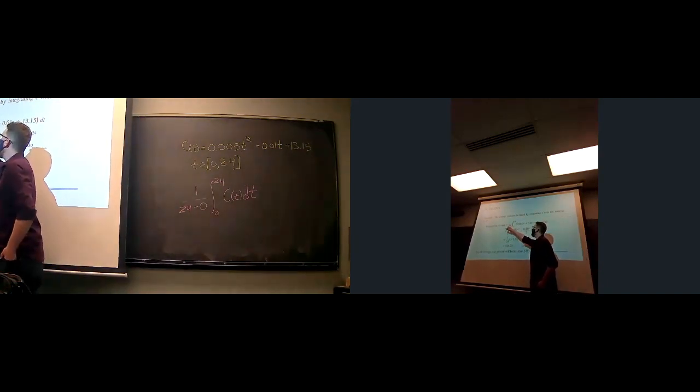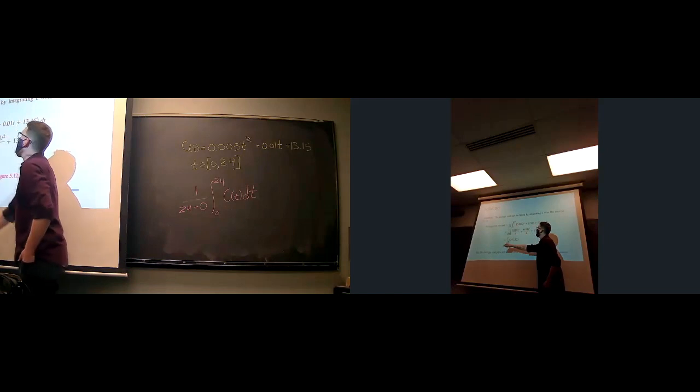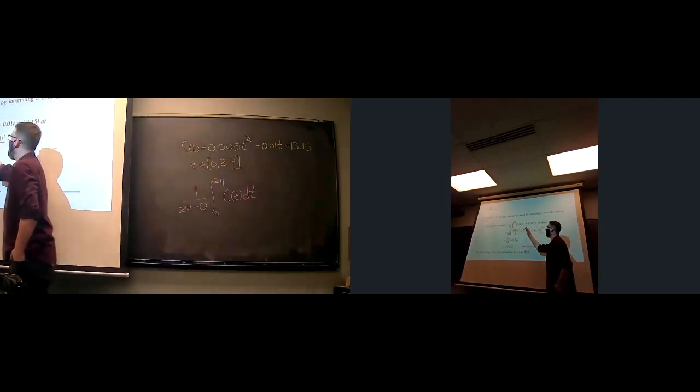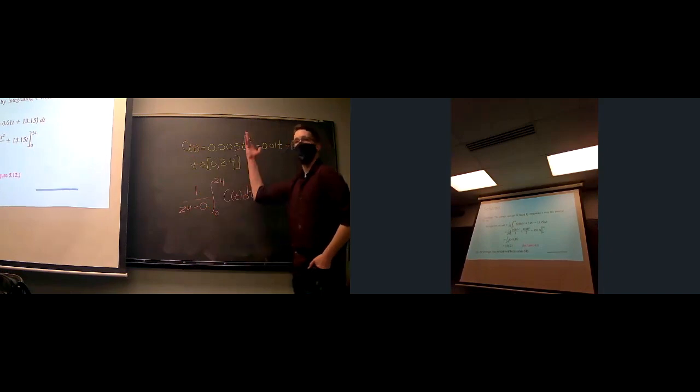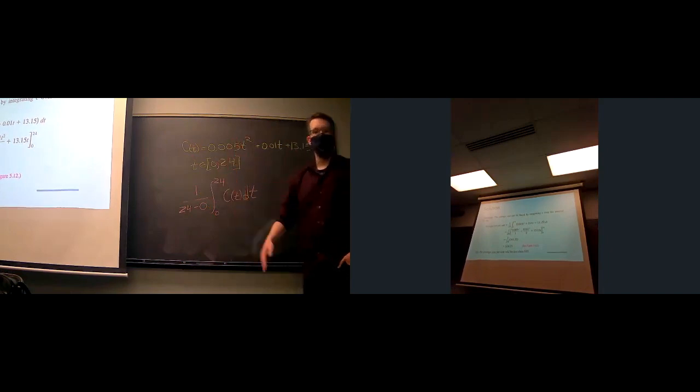Now again, because of room and time constraints, I'm just jumping to this slide and explaining it. What we're going to have is the integral from 0 to 24 of our cost function integrated with respect to time, all of this multiplied by 1 over 24. Now this 1 over 24, it's 1 over b minus a. That's all it is. Since a was 0 and b was 24, it's going to come out to be 1 over 24, right?